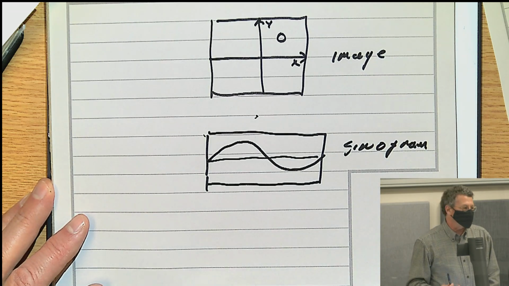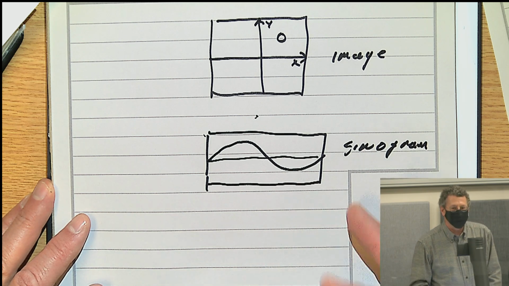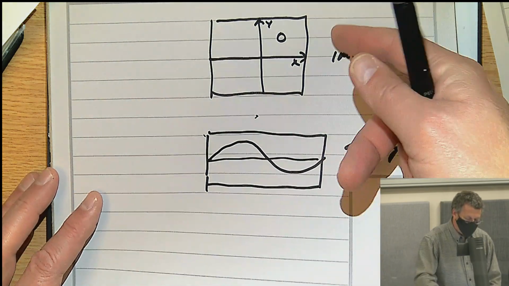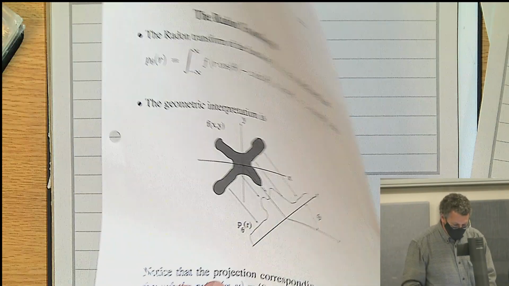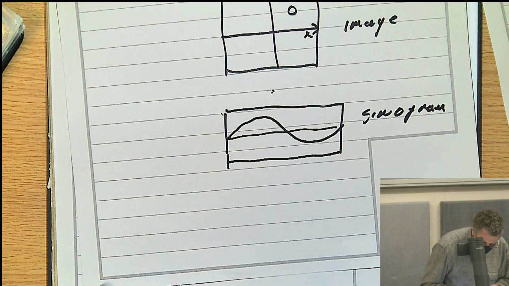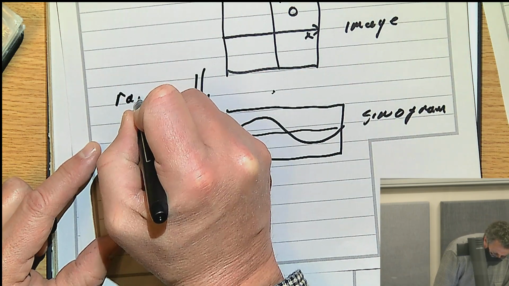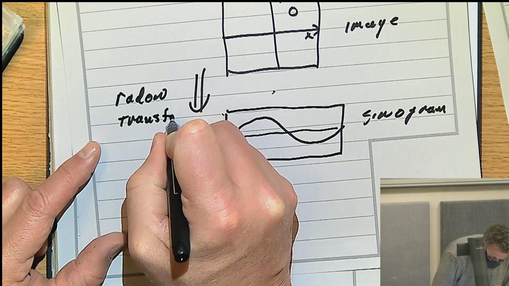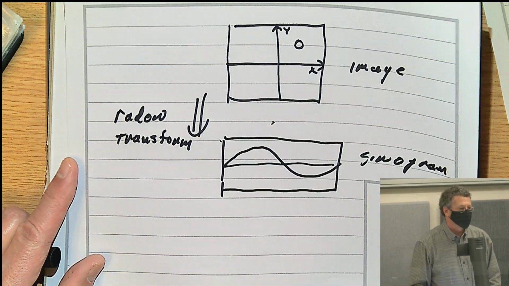But the thing that makes it different from a Fourier transform is that a Fourier transform is an orthonormal transformation. This is not, okay? But you can go back and forth between sinogram space and image space. So, okay, you have this transform. Oh, and I'll just emphasize one more time, this thing here is called the radon transform. So the trick is, how are we going to do the inverse radon transform? How are we going to get back?